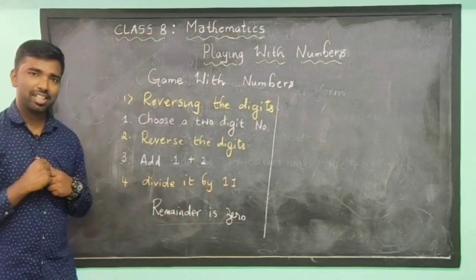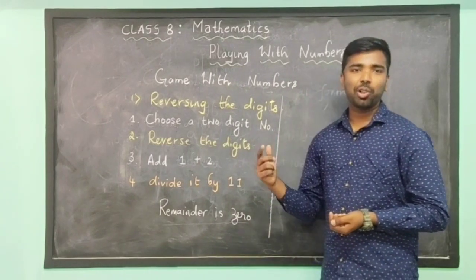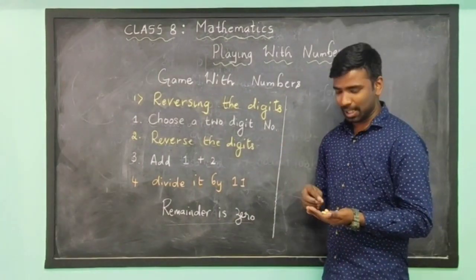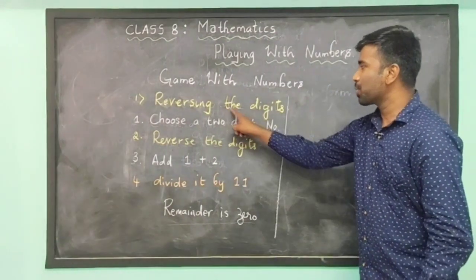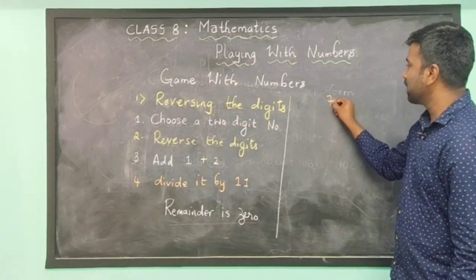Students, consider myself as a student now. I'll follow the instruction given by the teacher. I'll choose a two-digit number, I'll take it as 73.